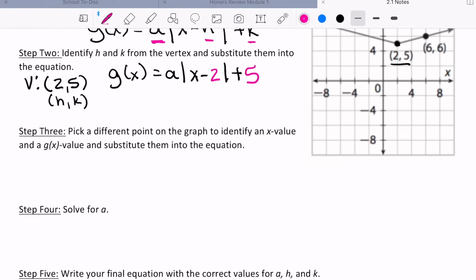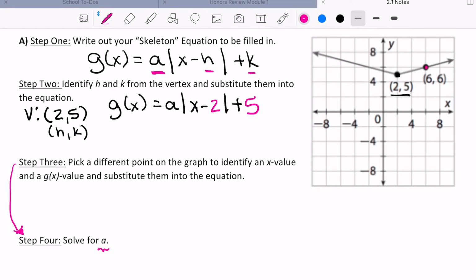This is done in conjunction with step 4 because this is how we are solving for a. Now looking at our graph, you can see that we have a point that's already given to us, (6, 6). So we're going to use that. (6, 6) is going to take the place of x and g of x. Remember, function notation, g of x is the same as y.